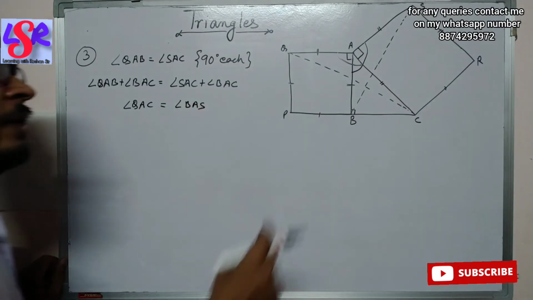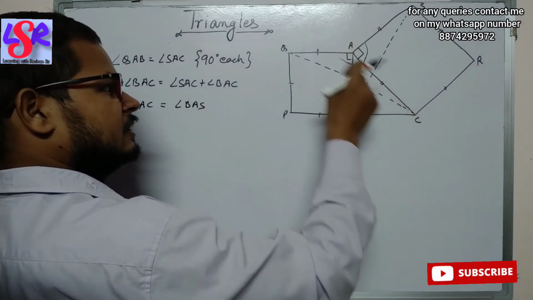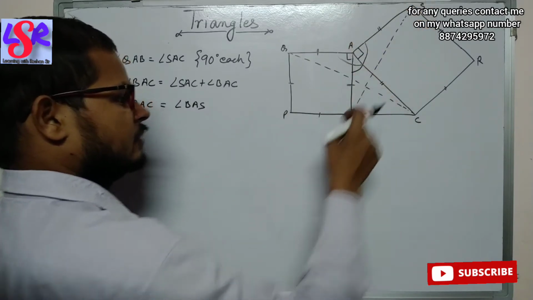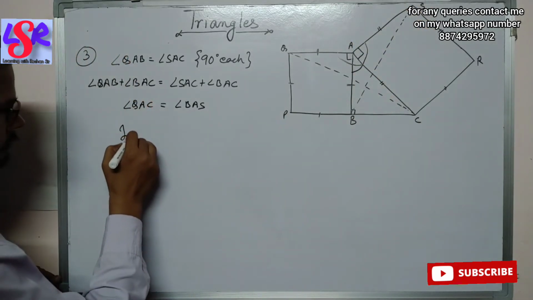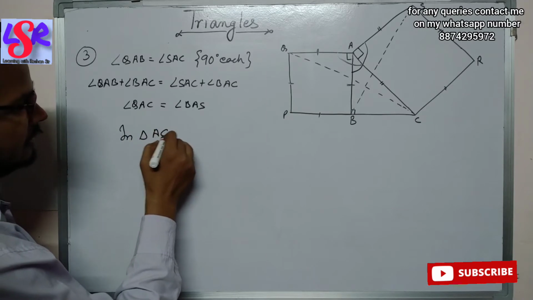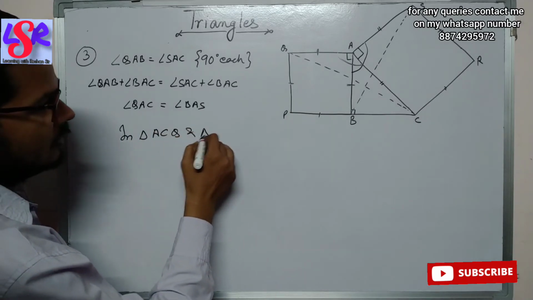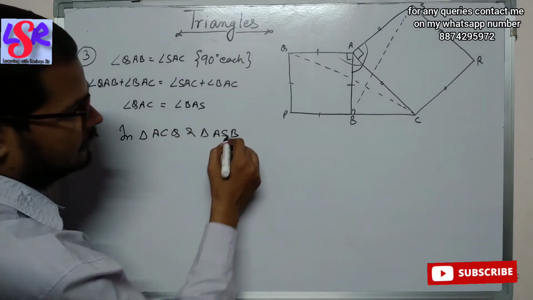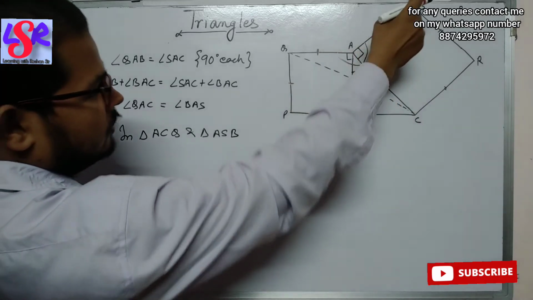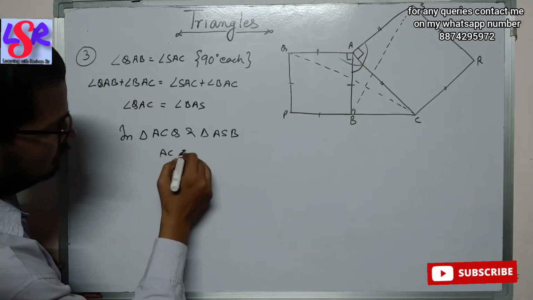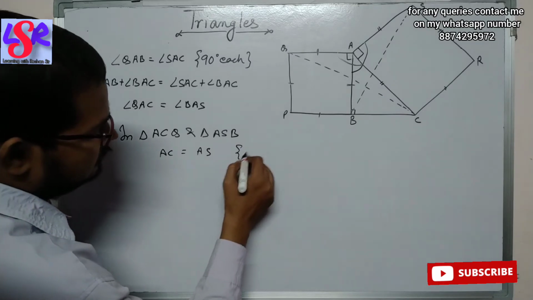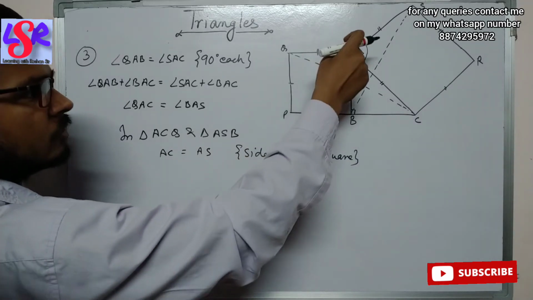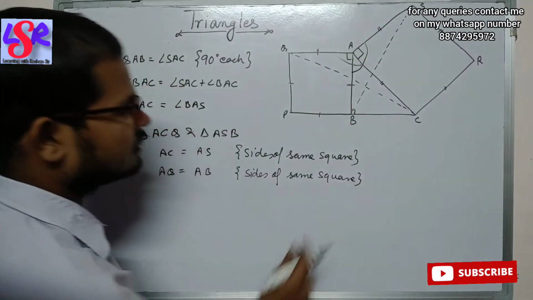Now we have to prove the triangle ACQ congruent to triangle ASB. So in triangle ACQ and triangle ASB, AC equals AS, the sides of the same square. Similarly, AQ equals AB, sides of the same square.